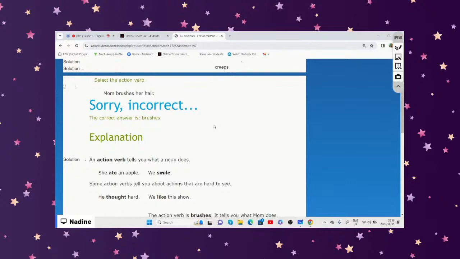We need to identify the action verb, the doing word within that sentence. Mom brushes her hair.